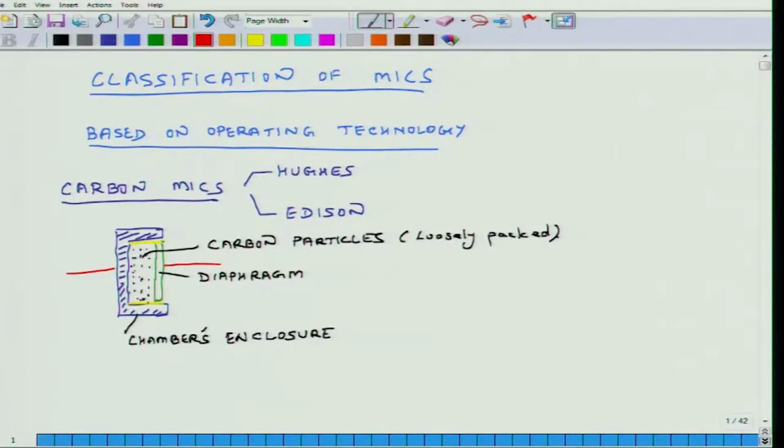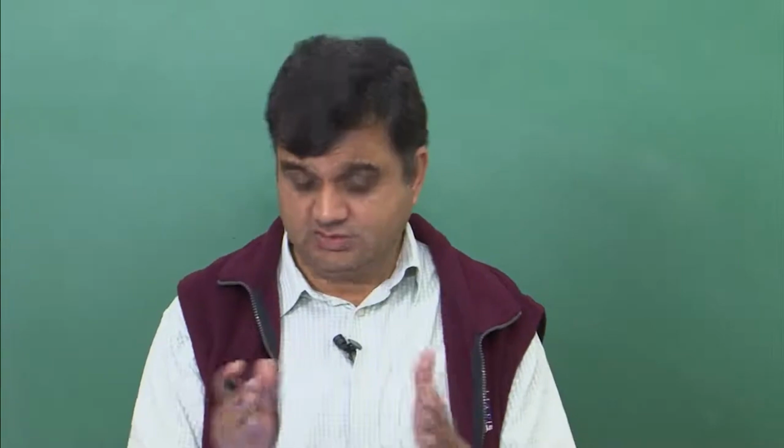Now if you have sound, let's say your sound is coming like this, and it hits the diaphragm, so it pushes the diaphragm inwards. The diaphragm moves in and out based on the pressure, whether it's above atmospheric or below atmospheric, and as a consequence, the resistance of these graphite particles, because they are loosely packed, changes: when they come closer, resistance goes down, and so on and so forth.